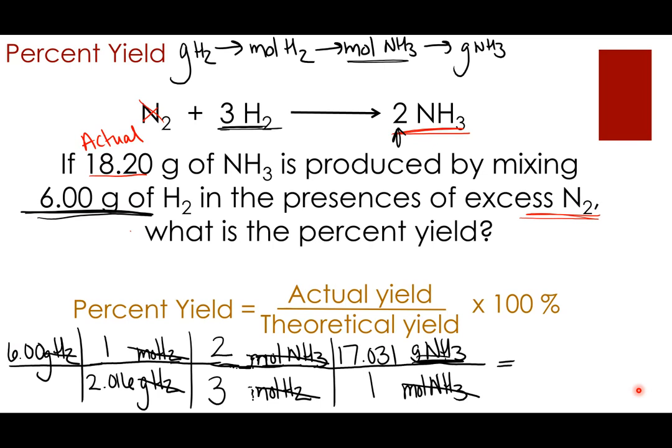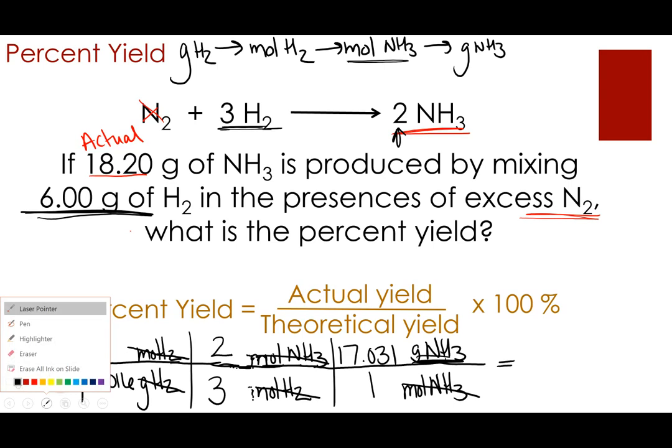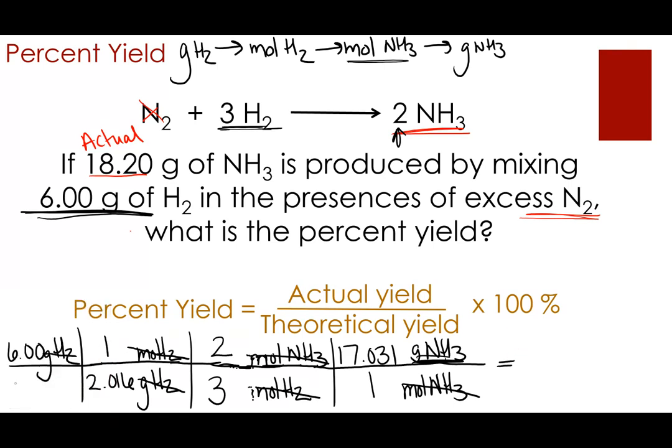I'm going to multiply times 2, divide by 3, and then lastly, I'm going to multiply by 17.031 and hit equals. So I get 33.79 grams of NH3. Okay.